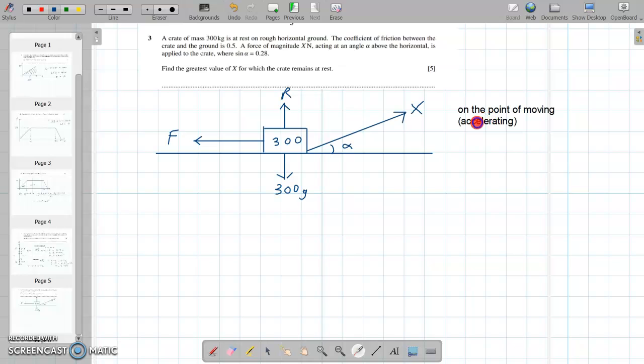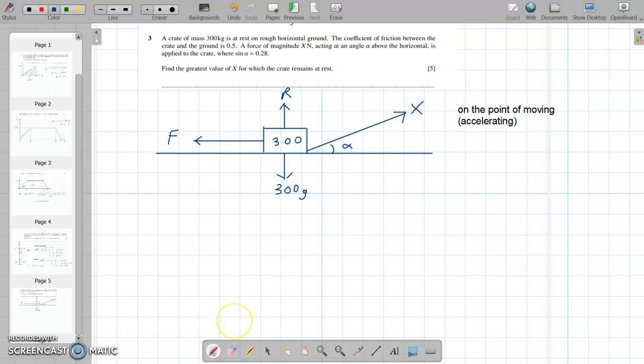Okay, so on the point of moving, so x is being increased such that it's just on the point of moving or accelerating. If x is increased any more than that, it will accelerate. Okay, so it's at its maximum for the crate to still be stationary. Okay, so at this point, F is at its absolute maximum. The friction can't increase anymore.